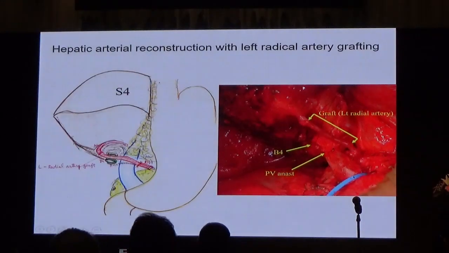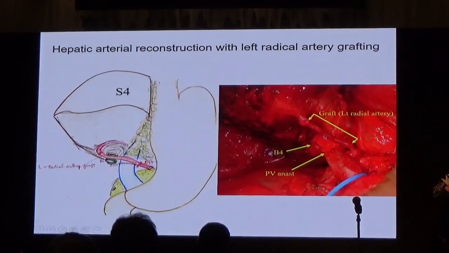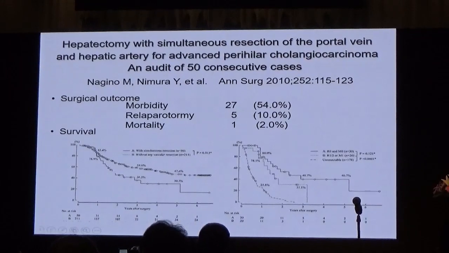Here you see the radial arterial graft here, and the orifice of the segment 4 duct is here, and the portal vein anastomosis is here. This patient could survive more than 4 years after surgery.